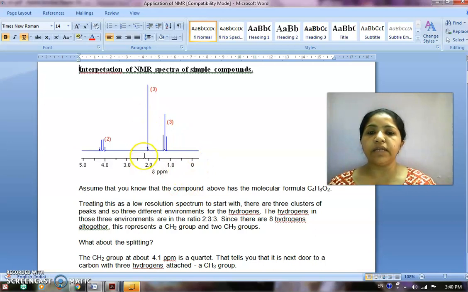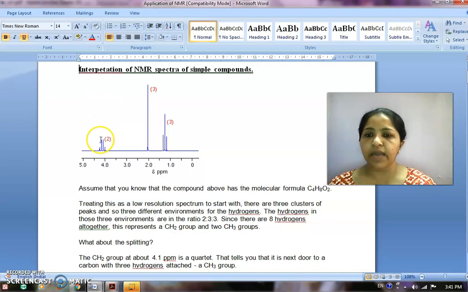If you calculate, it will tell you that there are 3 protons. This is also 3 protons, even though it is short in height. If you calculate this height and this height and add them, you will find it comes to the same level.